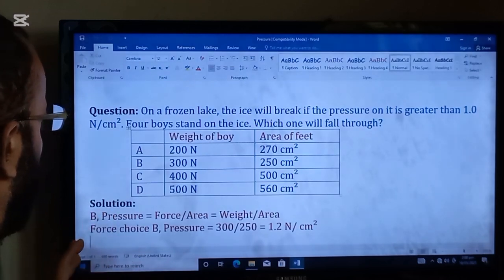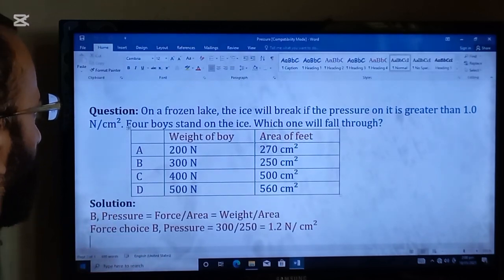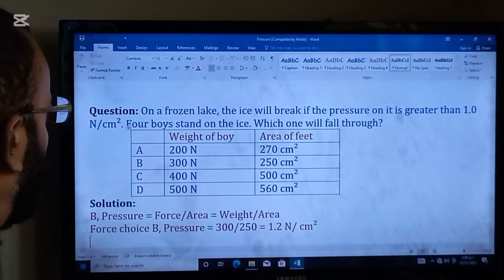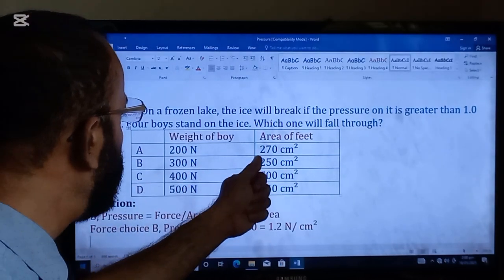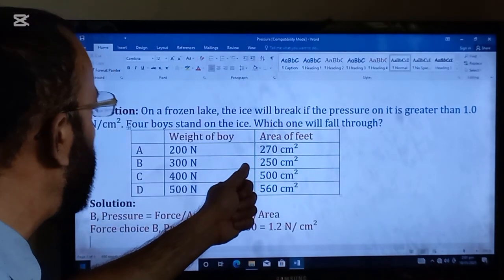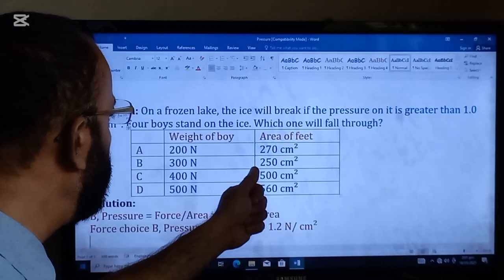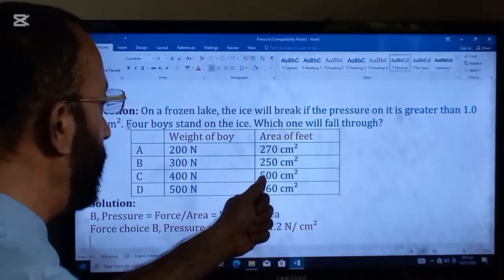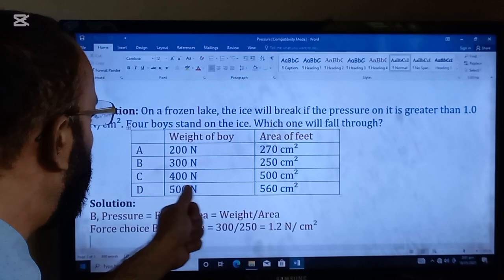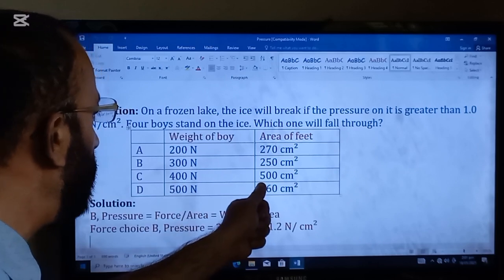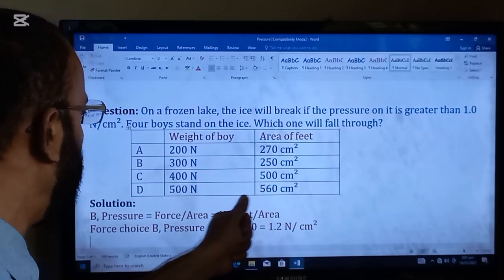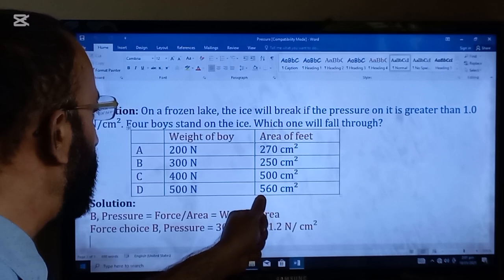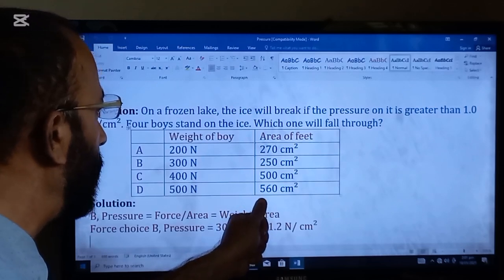The formula for pressure is force over area. So 200 over 270 will give an answer lesser than 1. 300 over 250 will give an answer more than 1, favoring this situation. 400 over 500 will give an answer lesser than 1. 500 over 560 will give an answer lesser than 1.